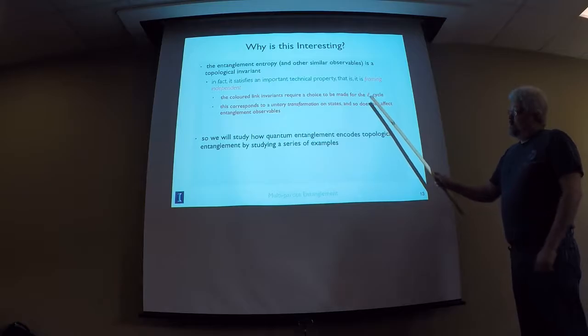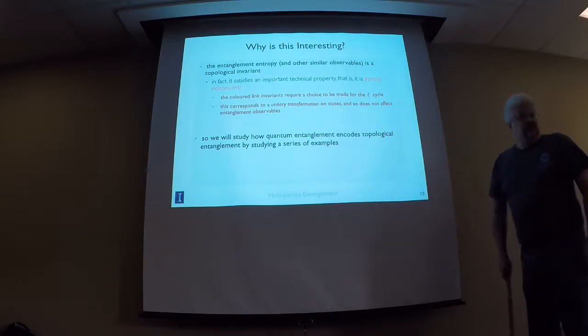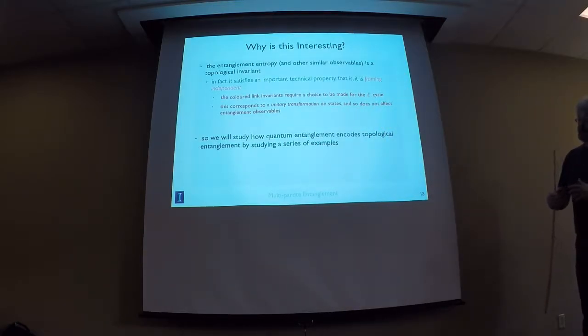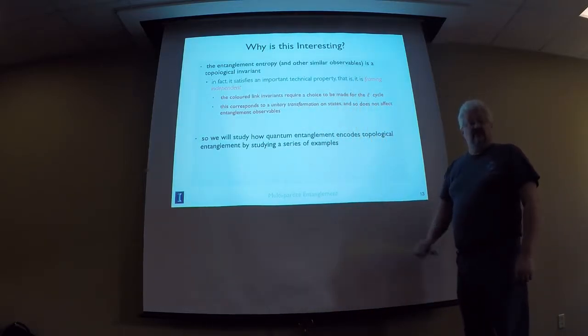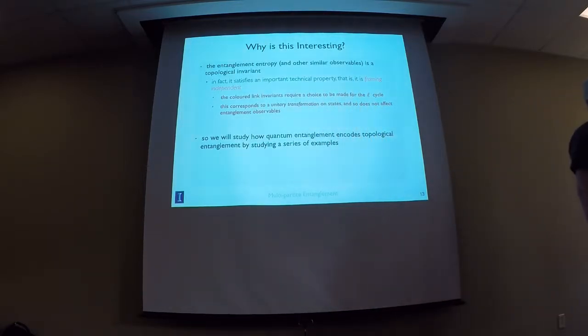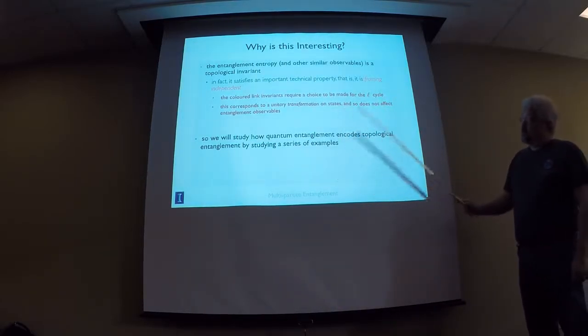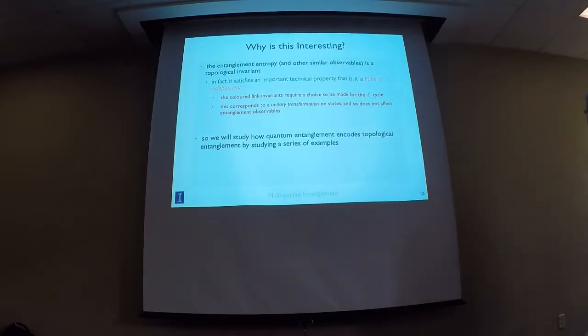It turns out that different choices of that framing correspond to a unitary transformation on the states that we've just constructed. Because it's unitary, it doesn't affect the entanglement properties. In other words, the entanglement entropy constructed in this way is independent of the framing.